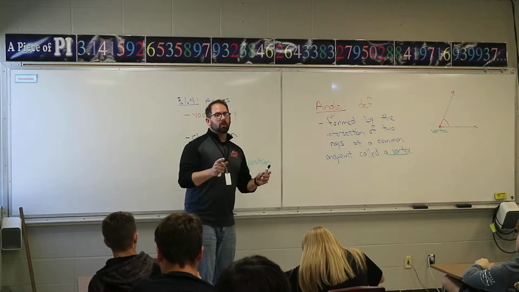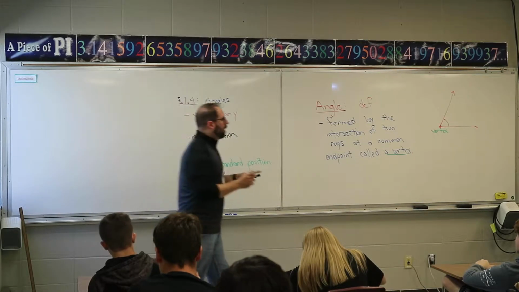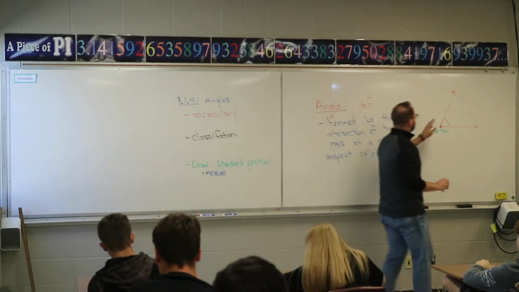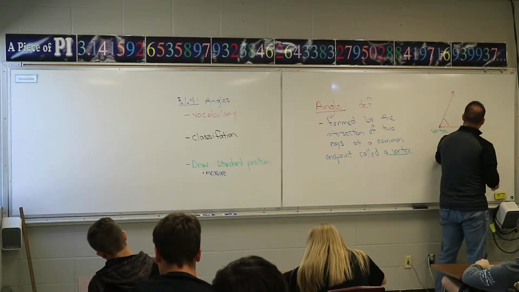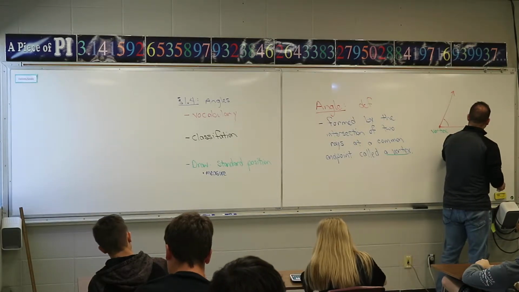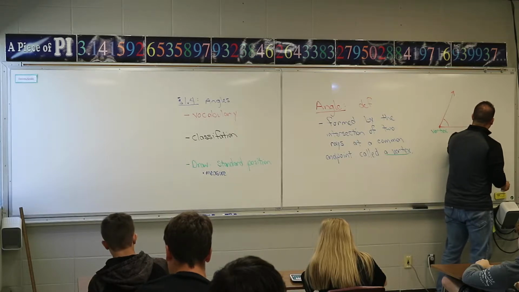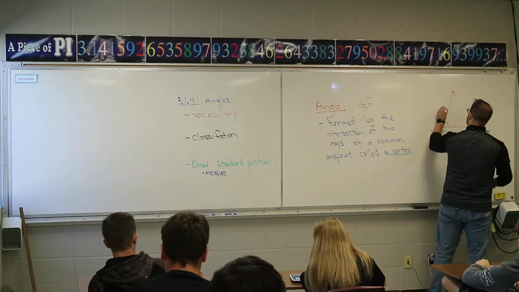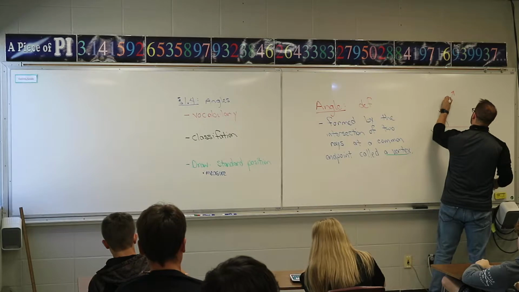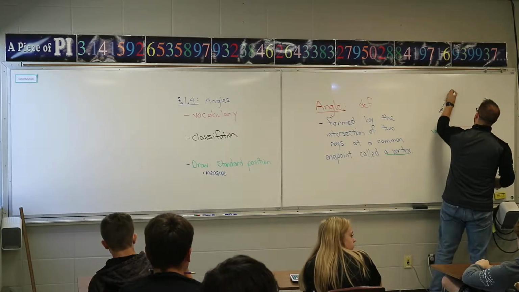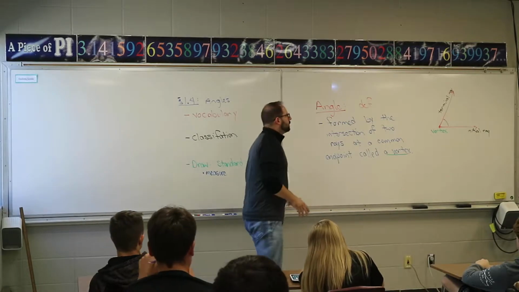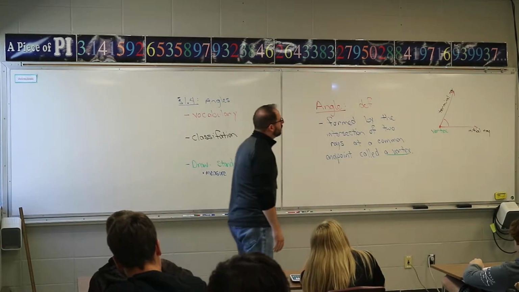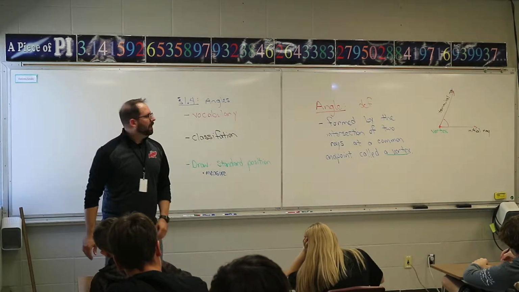All right, now, a couple more vocab terms we need to know. The rays have specific names. I know it seems weird, you probably have never learned that. It is called the initial ray and the terminal ray.